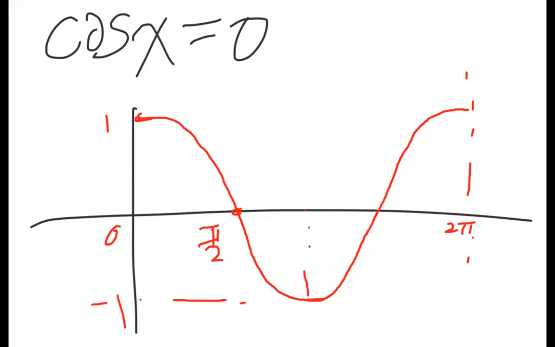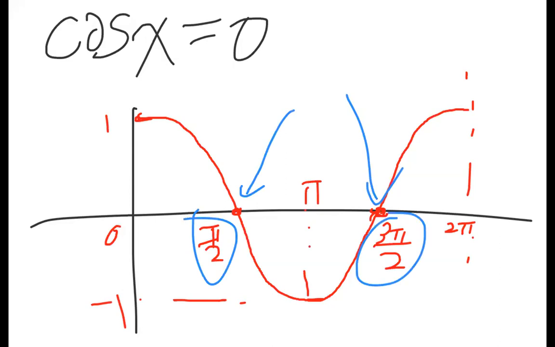The minimum at -1 at pi, back to 0 at 3 pi over 2, and go back to 1 at 2 pi. So that is the graph for cosine x. And the intersection with y equals 0, which is the x-axis, is precisely these two points, pi over 2 and 3 pi over 2.